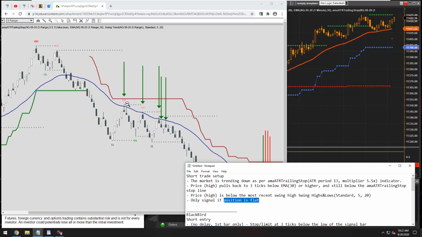So they're not going to keep adding more positions on if more trade signals come in. They're specifically designed to adhere to this common rule that most traders have, which is to only open one position at a time, right?